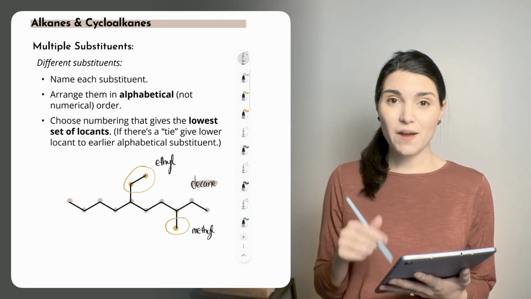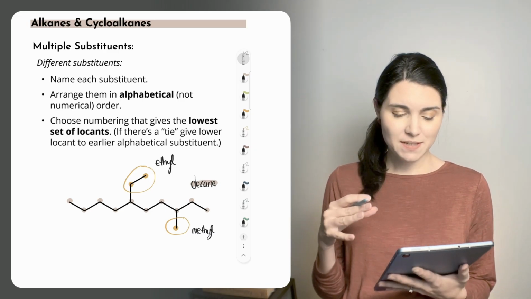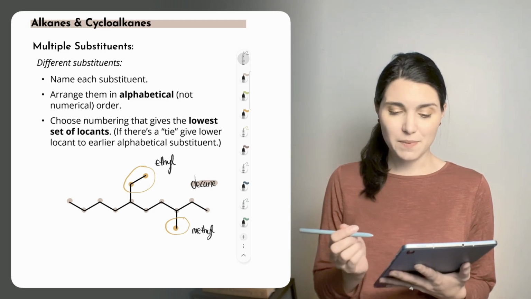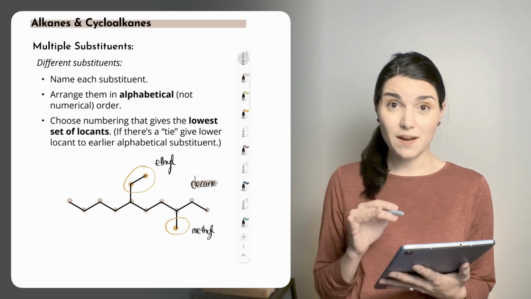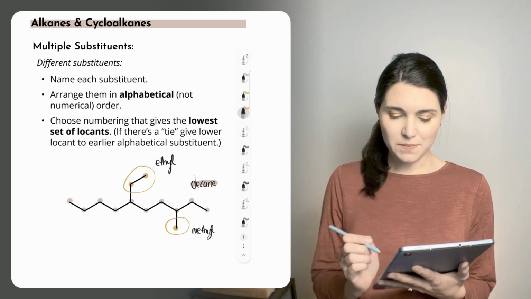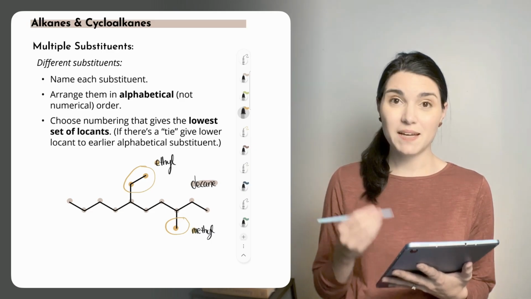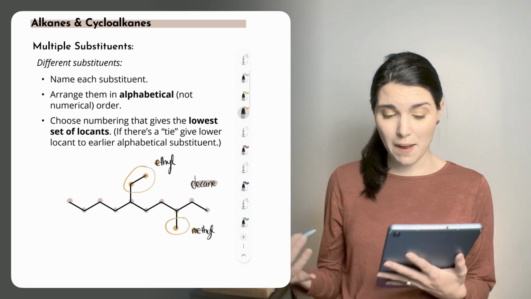So when you have found your multiple substituents, you are going to arrange them in alphabetical order in front of the parent structure. So I'm just going to highlight here, we've got M versus E, and E comes alphabetically before M does.